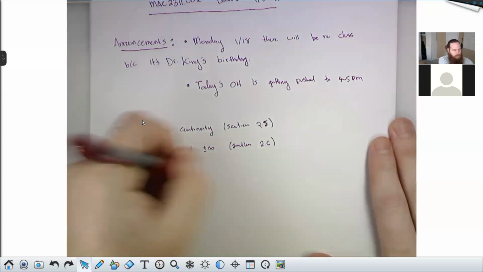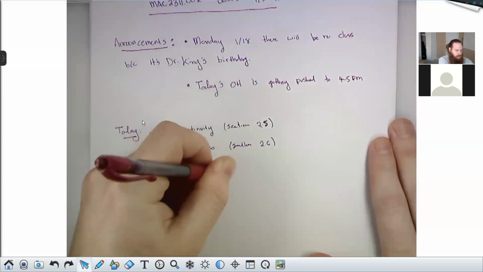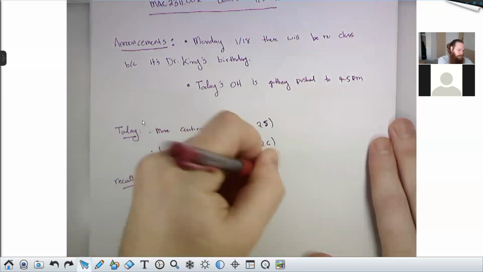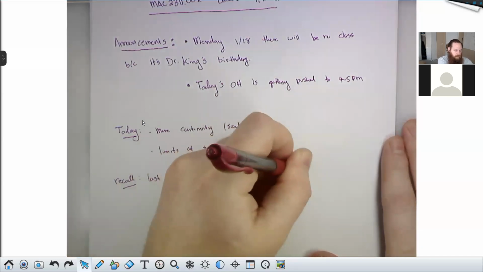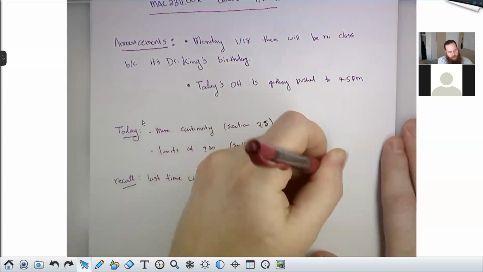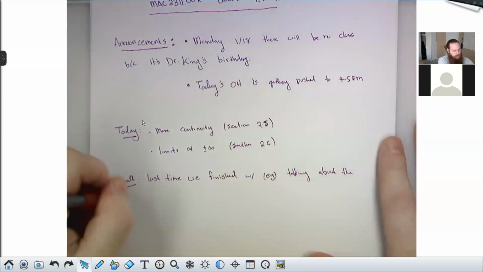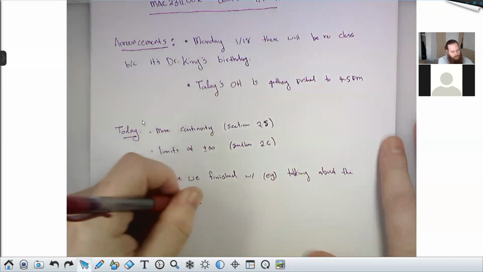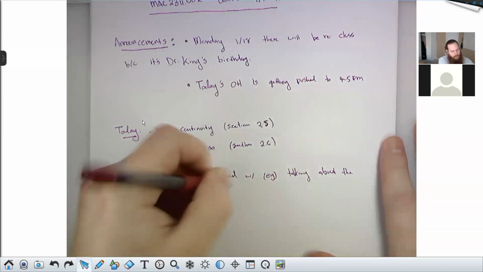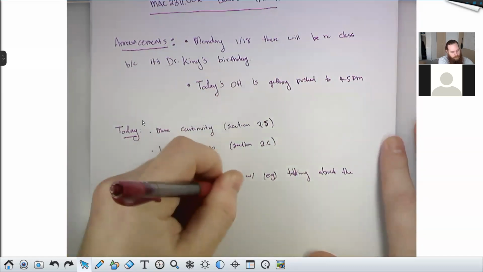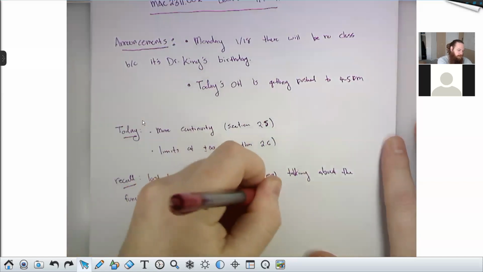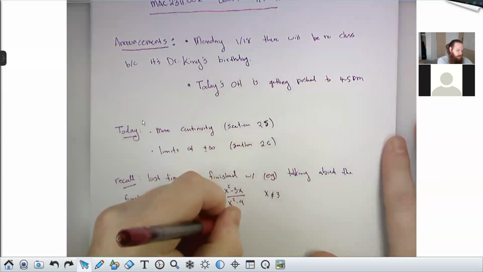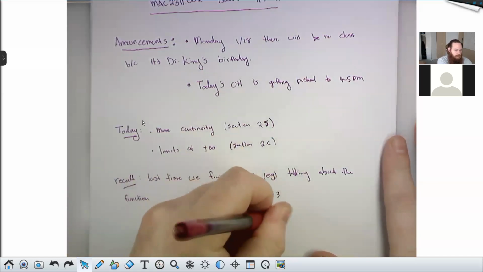Last time we finished with an example talking about the function f of x equals x squared minus 3x over x squared minus 9 for all x's not equal to 3. And it was defined to be 1 at x equals 3.